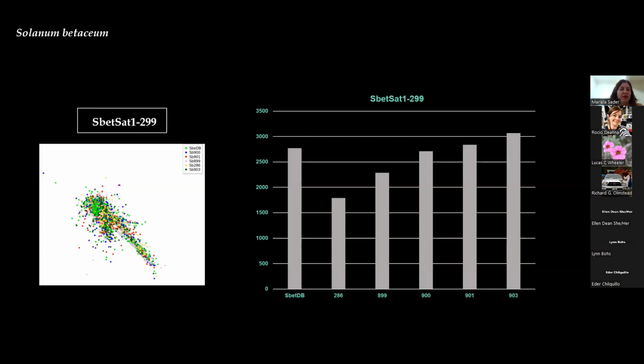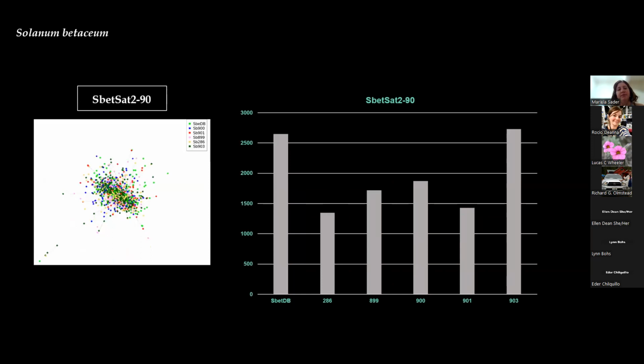Here in detail is the graph of these satellites, with each color representing a population. This is the first satellite we described, and here we can see the different populations and the relative abundance of this satellite. We can see that the abundance is different in the different populations.